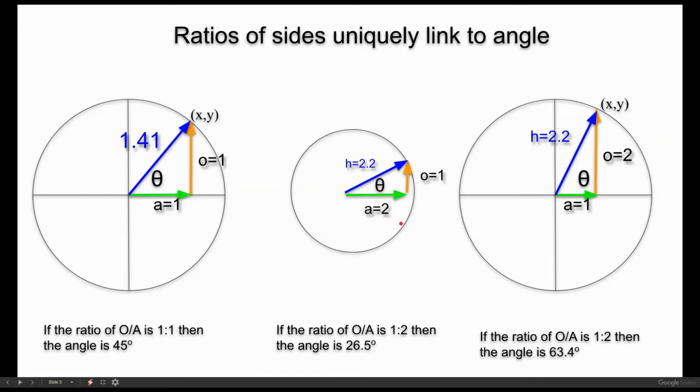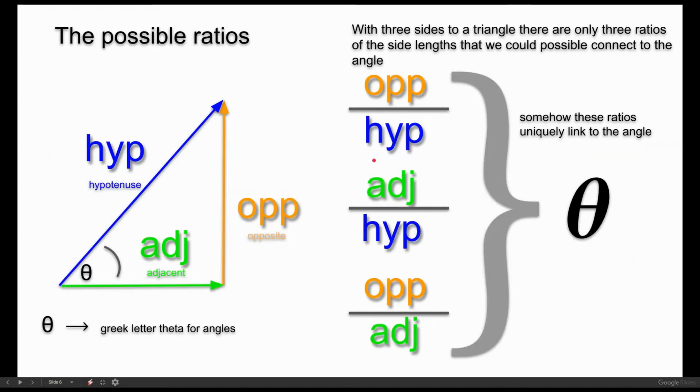If the adjacent is 2 and the hypotenuse is 2.2 as a ratio, then that is also a 26.5 degree triangle. All the possible ratios in there from the adjacent, opposite, and the hypotenuse side, those ratios will be unique for a given angle. So we name these 3 ratios, and there's only 3.